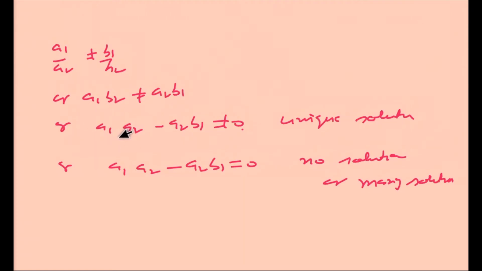Okay, understand? Now if we write the coefficients of the equations this way, this one is the matrix form.